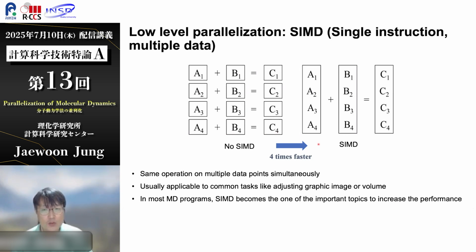But in fact, by using SIMD, A1, A2, A3, A4 can be considered as one, and B1 to B4 is considered also as one. And this addition, we can finish in one addition. So in this sense, because 4 additions are changed to 1 addition, we can accelerate the speed almost 4 times.